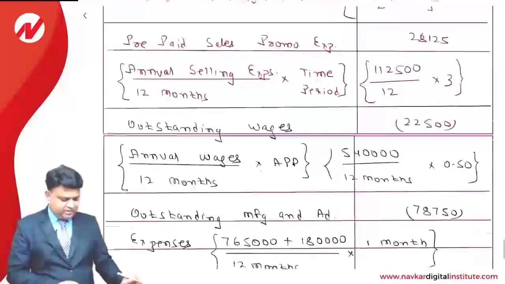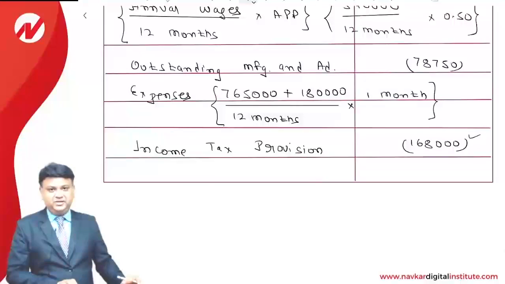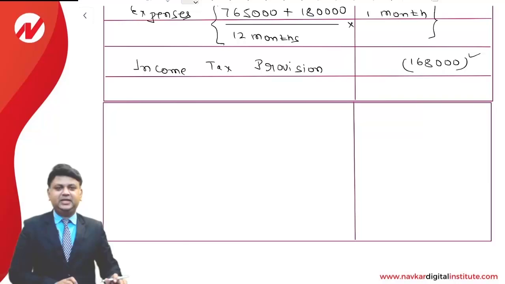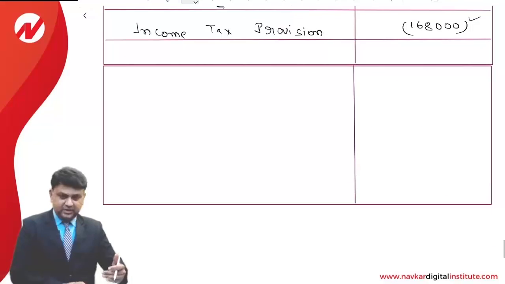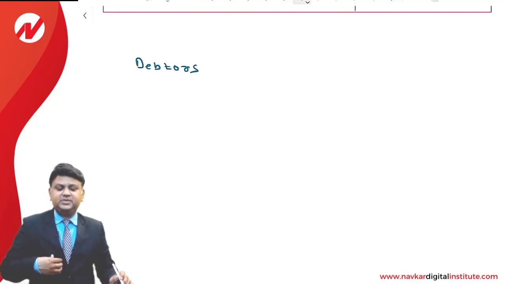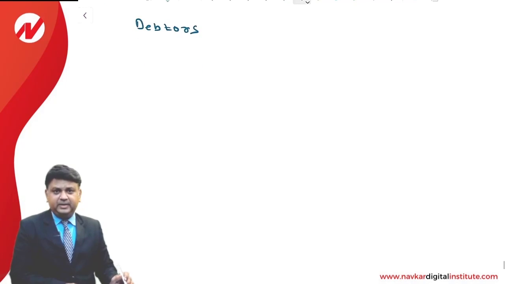And now we are going to understand how to make the calculation of debtors. Let us see how to make the calculation of the debtors. We'll keep some lines over here blank. Write the heading debtors. As far as the debtors are concerned, it can be calculated by one of the two methods.